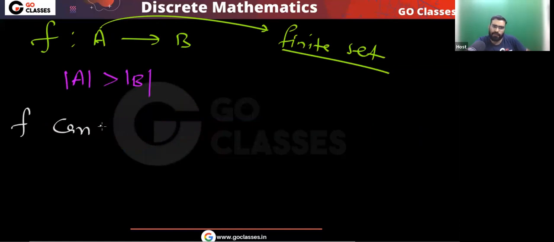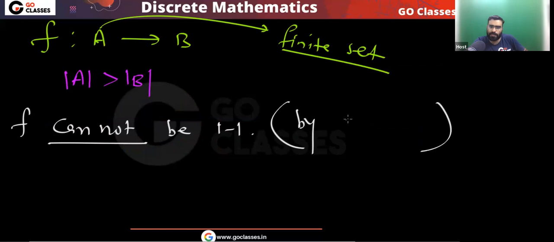If you have a function from set A to set B, where set A is a finite set, and the cardinality of set A is greater than the cardinality of set B, then in this situation F cannot be 1, 1. And this is by the pigeonhole principle.